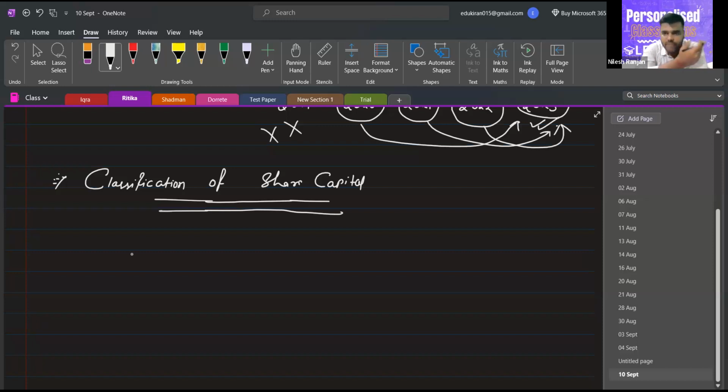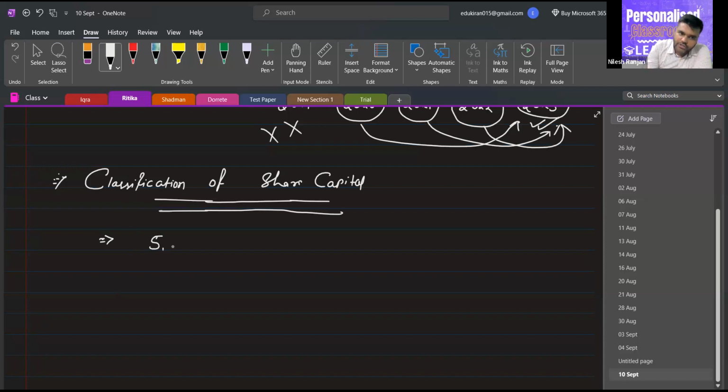It manufactures the product, stores the product, and also sells it to the consumer directly. So there is no third person or intermediary involved in their business. Okay, sir.